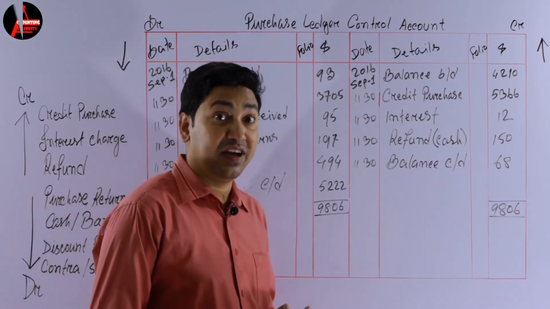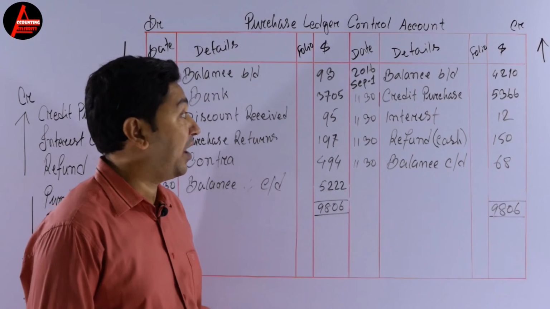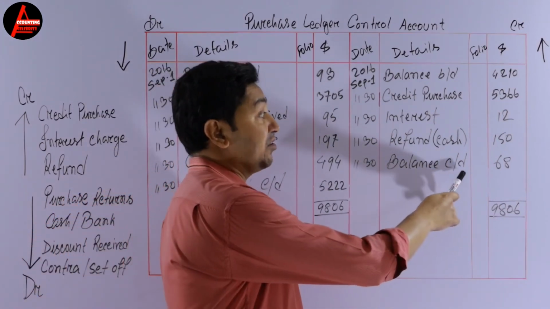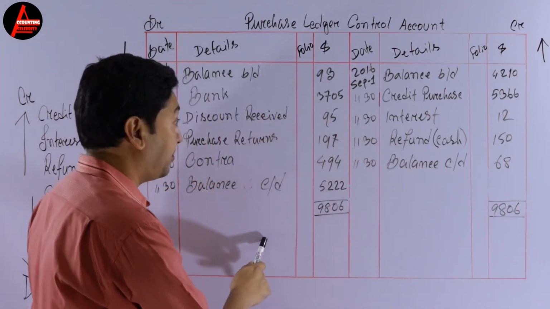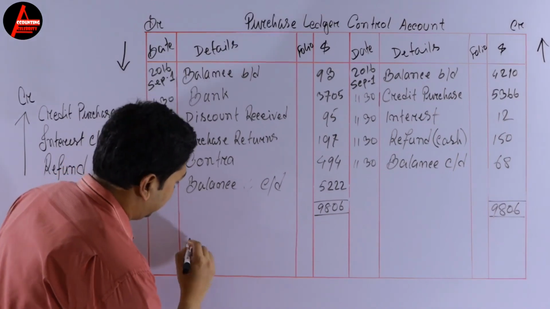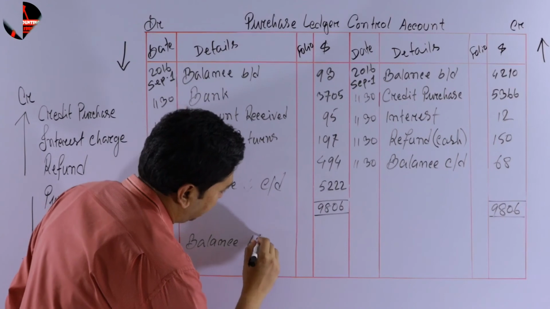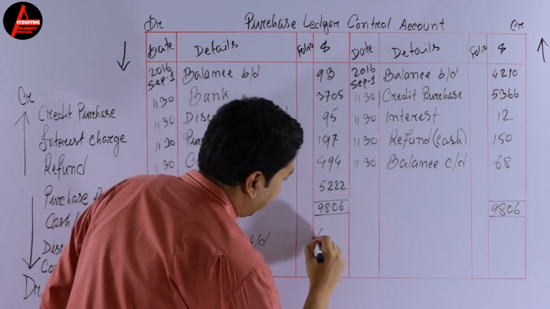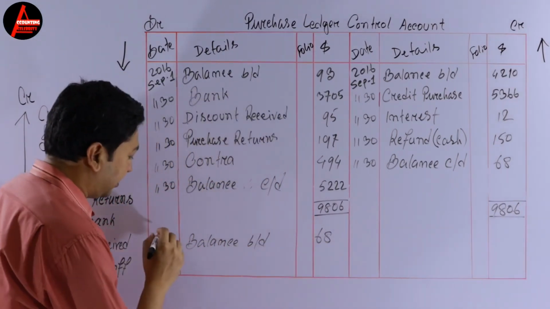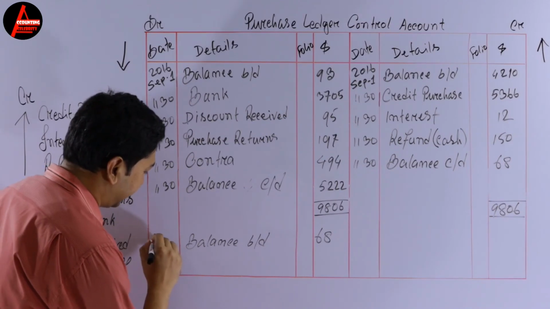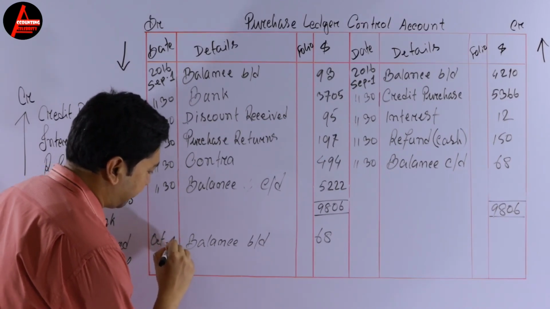So this is not done yet. We need to bring down the balance. So this balance, this credit balance will be here as a balance BD. So right here balance BD, it is 68, and date will be the first day of next month. That means next month will be October 1st.